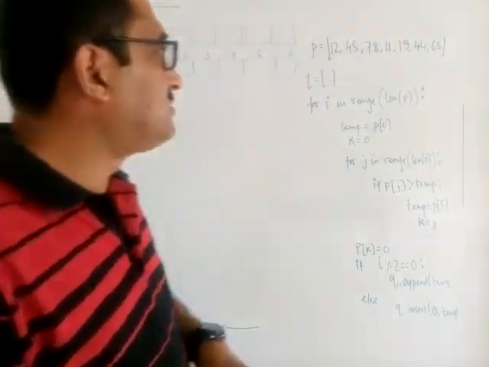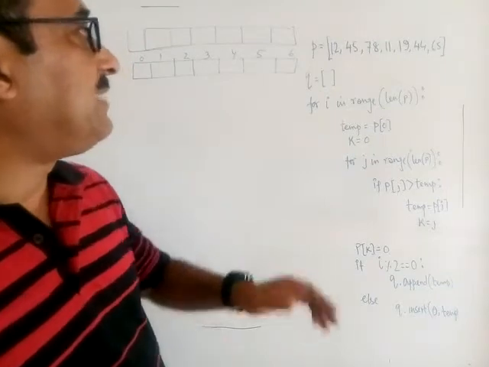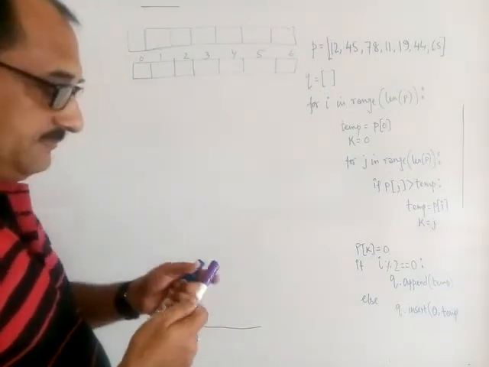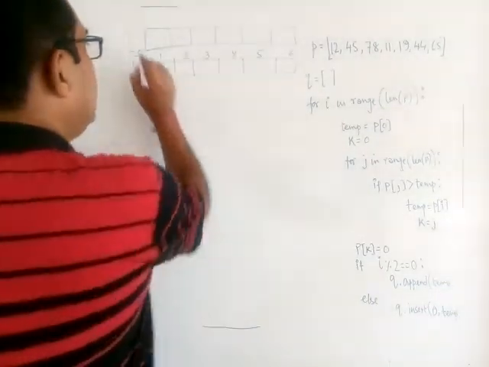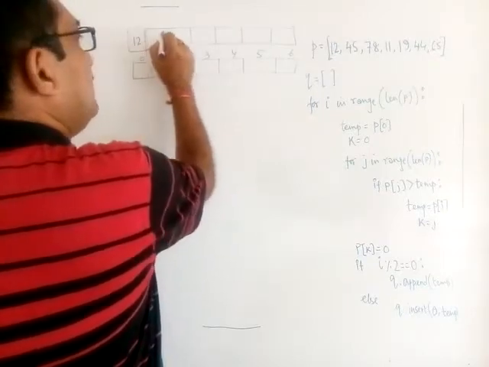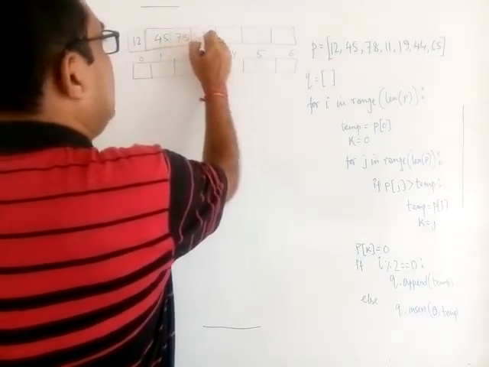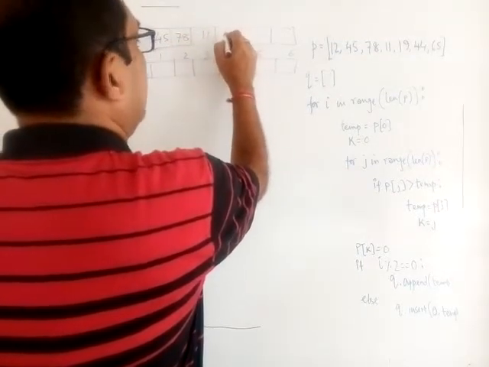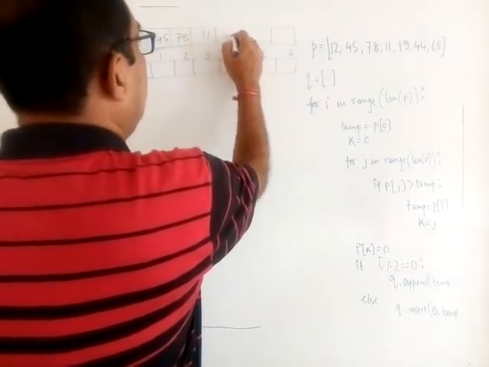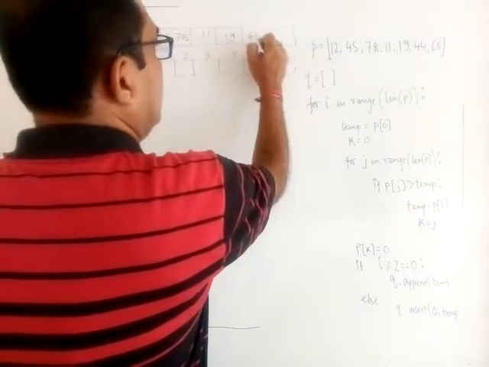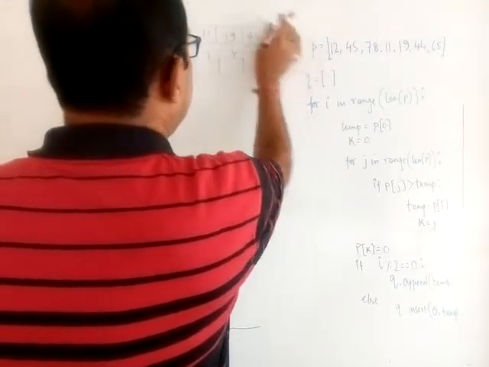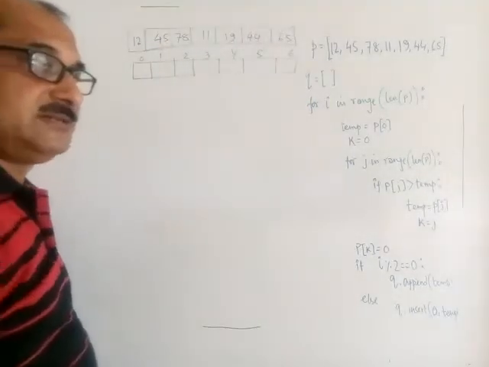Fine. So there is one question given. Imagine there is a list given to us like this: 12, 45, 78, 11, 19, 44 and 65. These are all the elements stored in a list, fine.